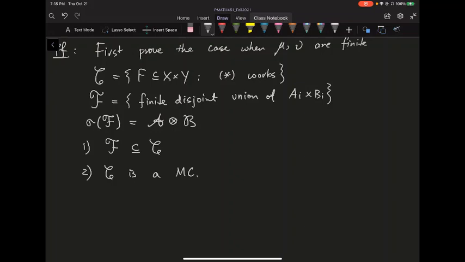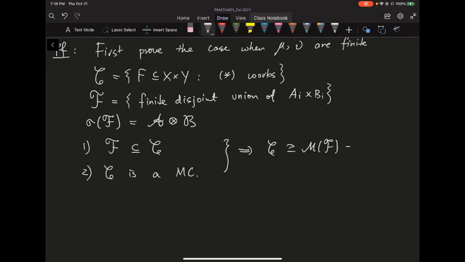Monotone class, which we defined at the end of the last video, is a really technical definition. But if I can prove these two, then because C is a monotone class containing F, C contains the smallest monotone class, which we denote M(F).